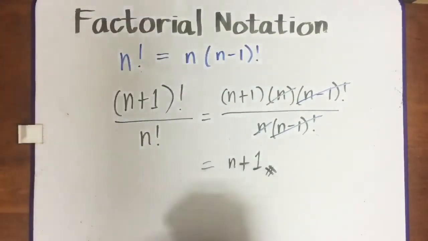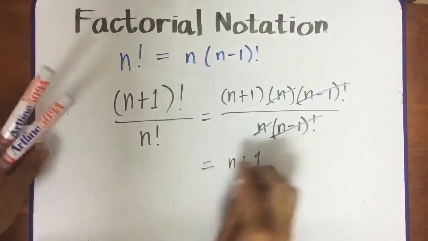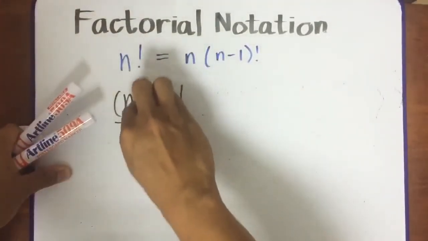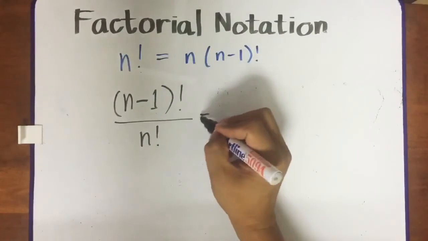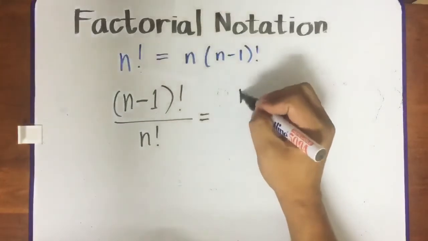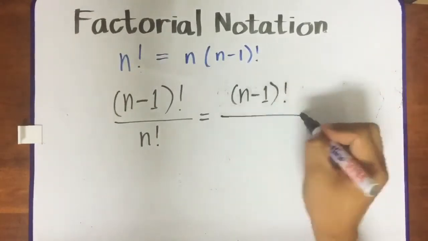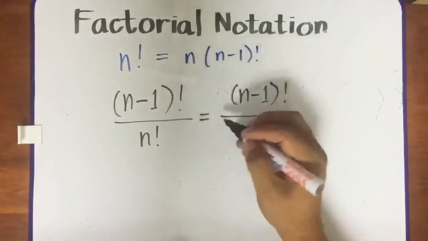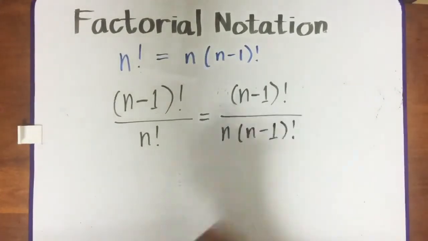Next, let's have another problem. How about if this becomes n minus 1? I'm not going to touch the upper portion, I'll just write n minus 1 factorial, and this n factorial is equivalent to n times n minus 1 factorial.